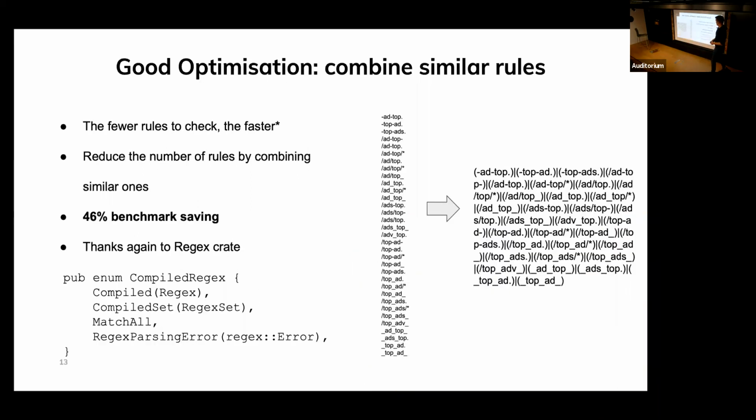So a good example of an optimization, and that's where it starts getting a little bit funny in terms of how you do things with Rust, is that we have this notion of very similar rules. These are actually all real rules from, I think, the EasyList probably.